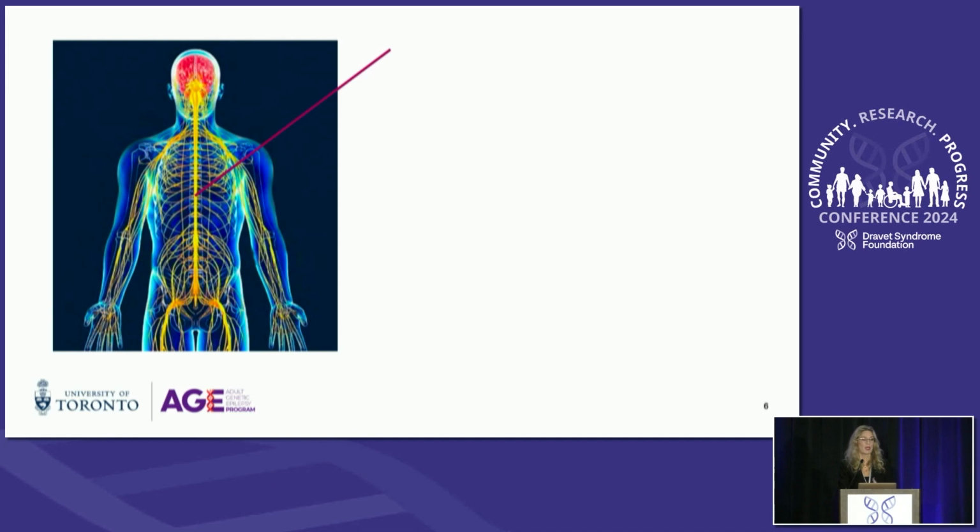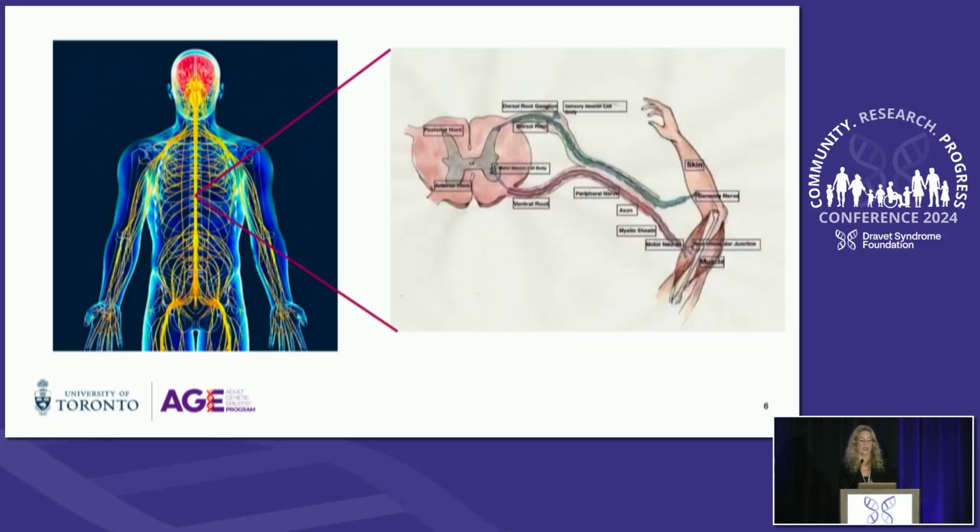Keep in mind, we have the same DNA all over our body, but the cells will switch on and switch off the gene for the SCN1A, for the sodium channel, in different parts of the body, right? So we have a high expression in the brain, in the spinal cord, and this is a schematic of the peripheral nerve and the muscle.